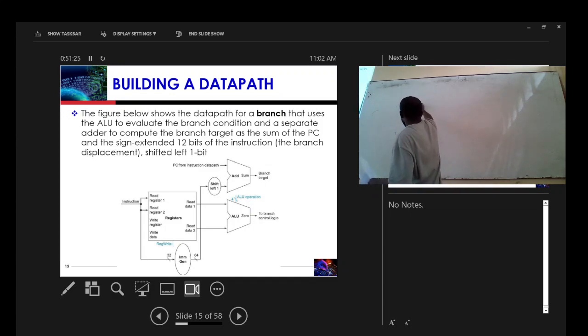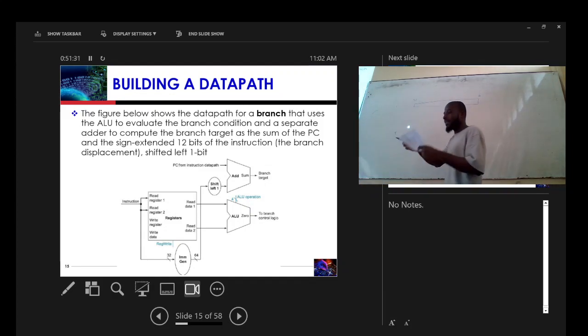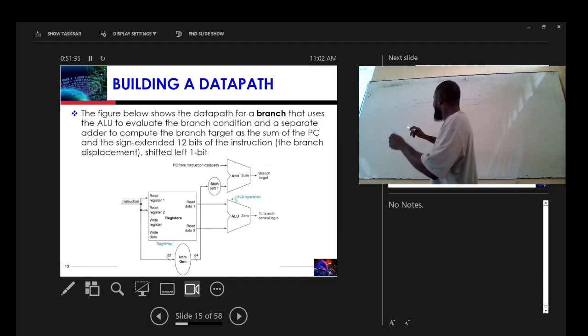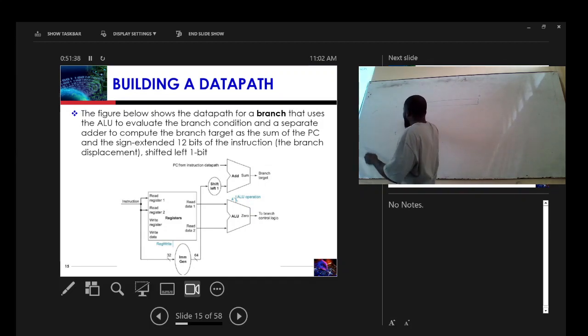The instruction is a total of 0 to 31 bits, right? Then some part of the instruction is for the immediate. Have you seen it? So we have immediate 12 here, right?